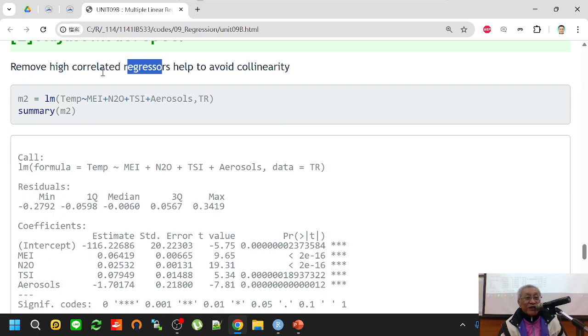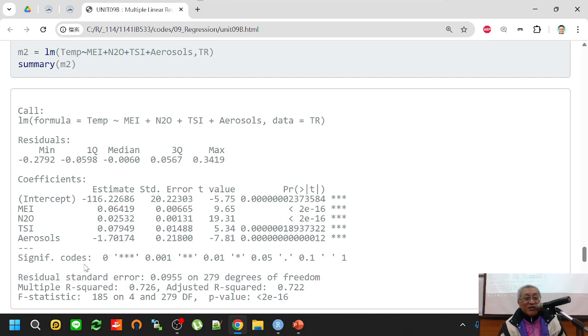So if you remove the highly correlated X, then you will have a better confidence, right? And usually we will associate it with a better p-value, right?